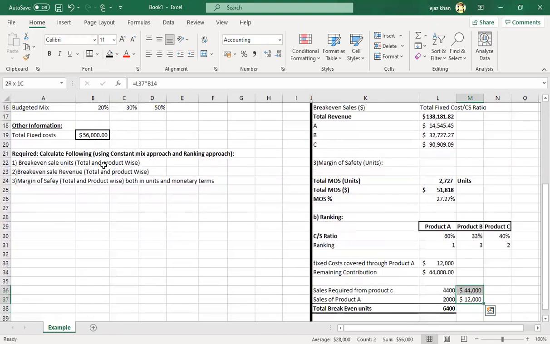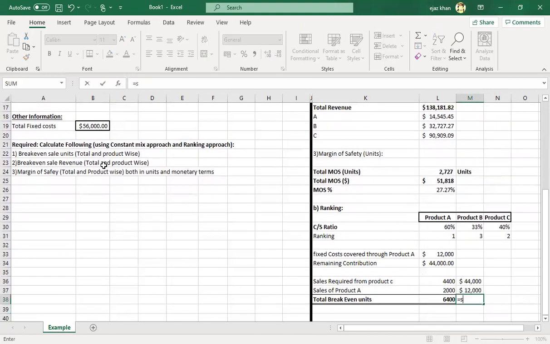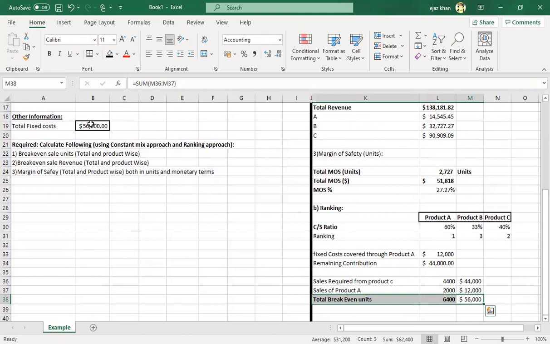So if we add 44,000 and 12,000, it will be equal to our fixed cost, showing that from 6,400 units, we will be generating $56,000 of contribution, and we will be just able to cover our fixed costs, and we'll be at break even. So that is how we calculate our break-even units in case we are producing products in order of maximum contribution per unit.